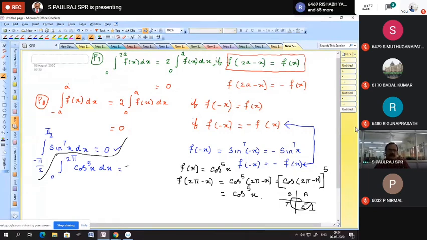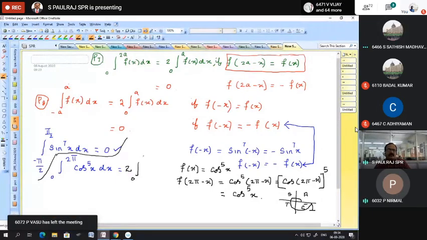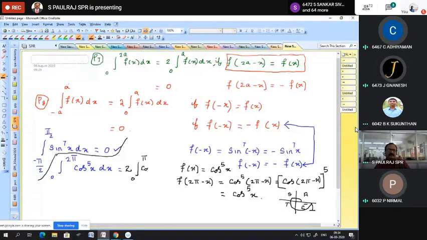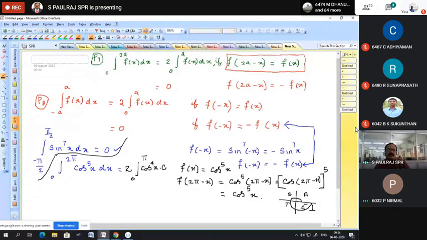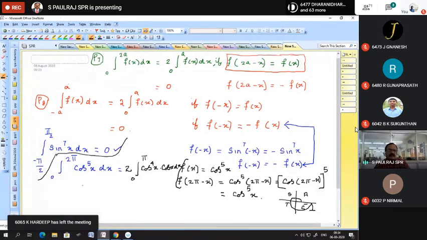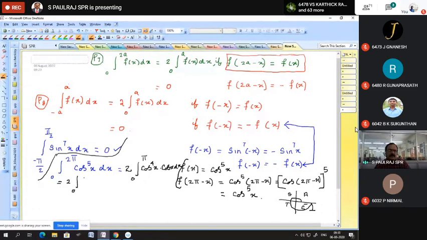So this answer equals 2 into the integral from 0 to pi of cos power 5 x dx. I write cos power 5 as cos power 4 x into cos x dx. Now the integral 0 to pi of cos squared, how to write it?